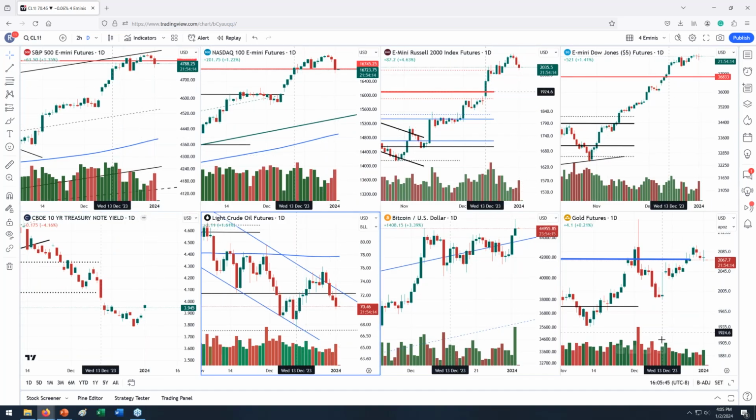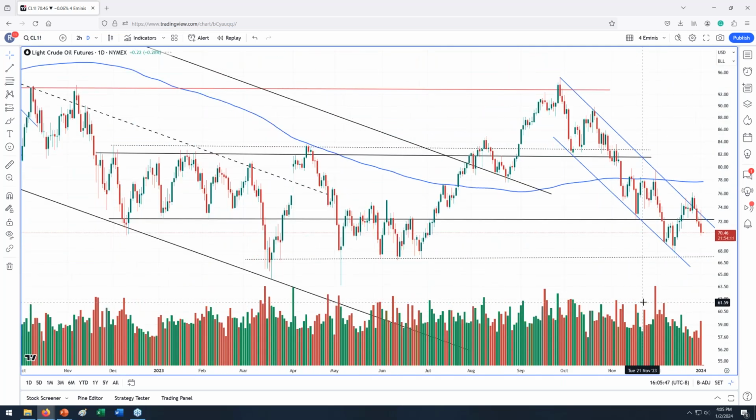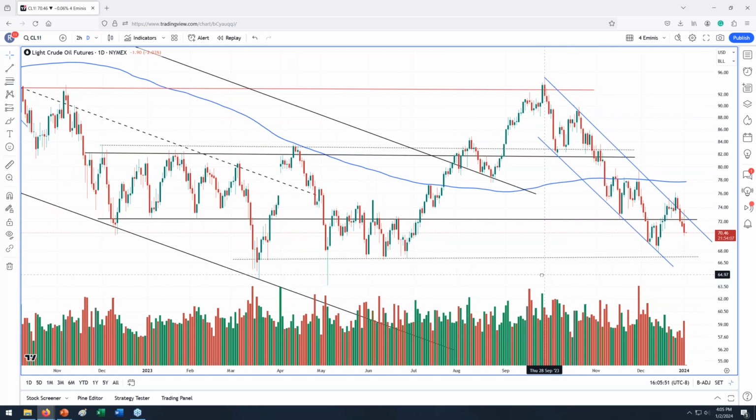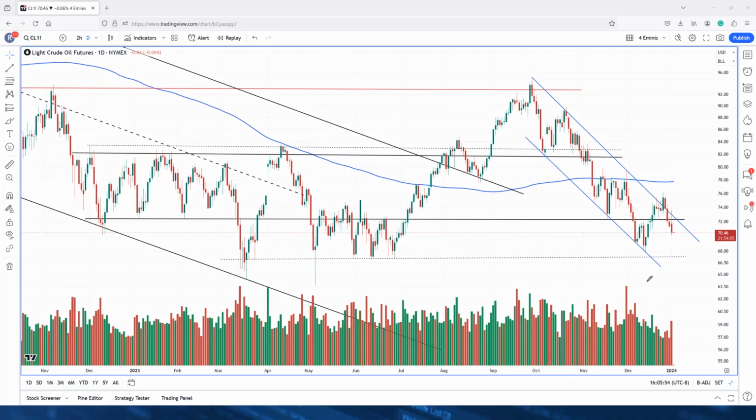Okay, oil. This is definitely such an interesting puzzle, because right here we were referring to Russell 2000. Also, I could refer you to Tessie, which was tracking oil really well and being ahead of it.